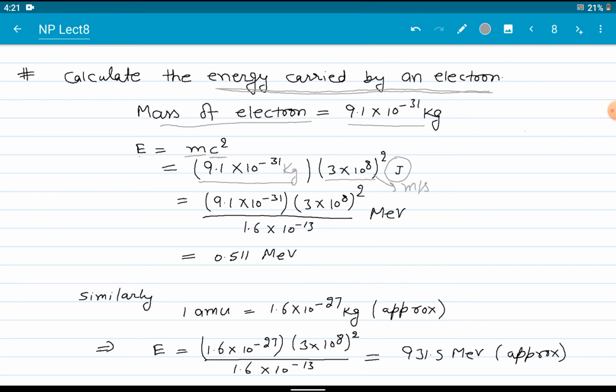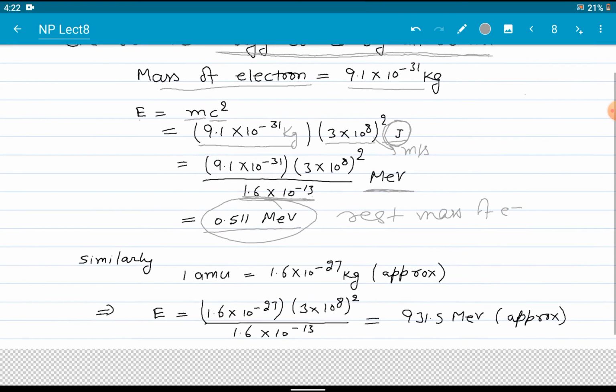So when we use SI units, एनर्जी का यूनिट भी जूल में होगा. तो SI यूनिट सारे हैं तो जूल में होगा, बट नॉर्मली हम न्यूक्लियर फिजिक्स में एनर्जी मेगा इलेक्ट्रॉन वोल्ट की टर्म्स में लिखते हैं. तो आप जूल को मेगा इलेक्ट्रॉन वोल्ट में कन्वर्ट करेंगे तो इस एक्सप्रेशन को 1.6 इंटू 10⁻13 से डिवाइड कर देंगे, और जो आपका एनर्जी आएगा वो 0.5 या 0.511 mega electron volt. This is the energy carried by the electron, or you can say this is the rest mass energy of electron.